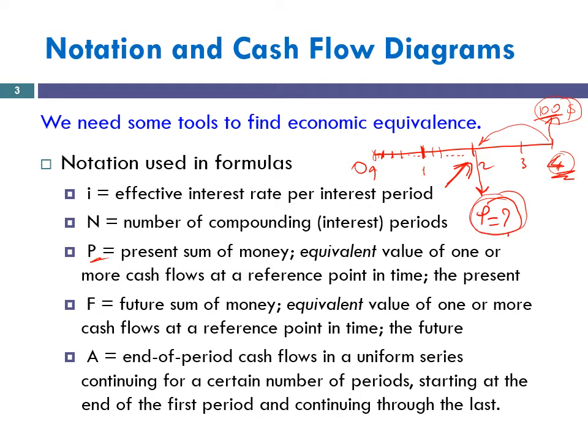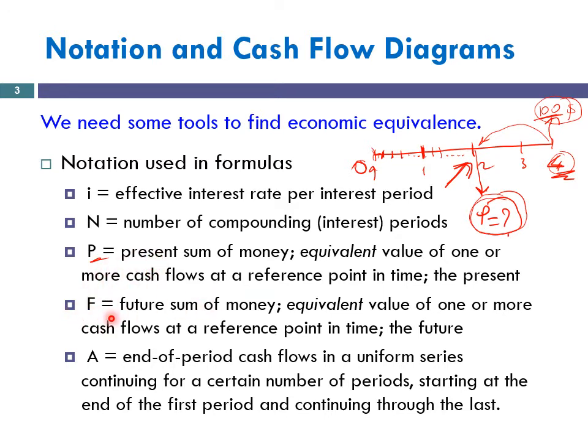So from this sense, P does not mean the amount of money at time 0. It's not always the amount of money that we have now. Okay, it can be the amount of money at a future time, but we can select it as our reference point, and we can represent it with P being the present amount.